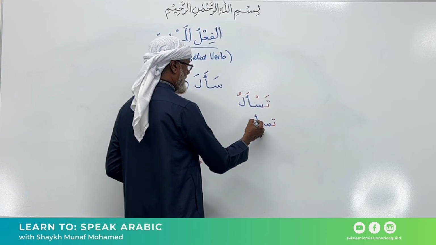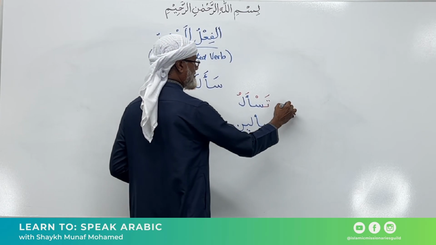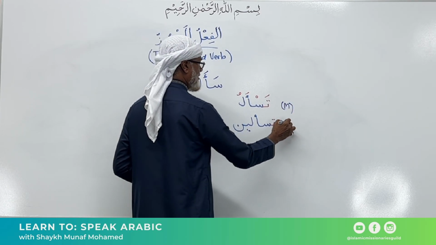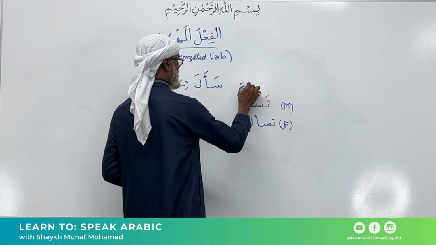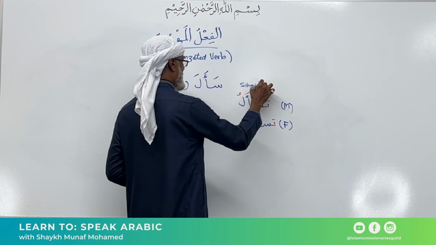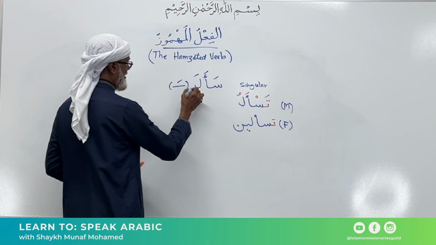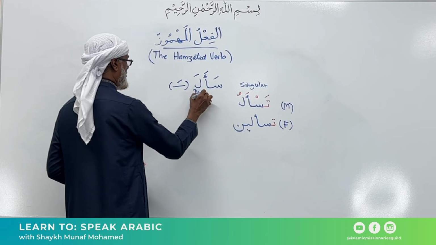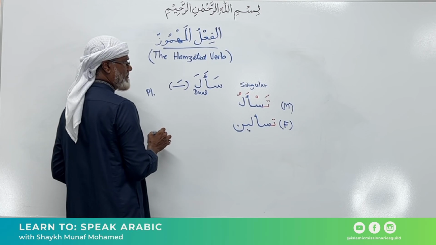Tas'alina. This is masculine. This is feminine. This is the singular. The singular column. And then we'll have the dual column here. And we'll have the plural column here. All right?